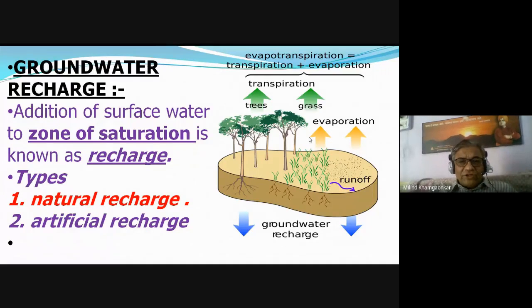The whole hydrological cycle is shown here. From unit 1 we are trying to understand it.